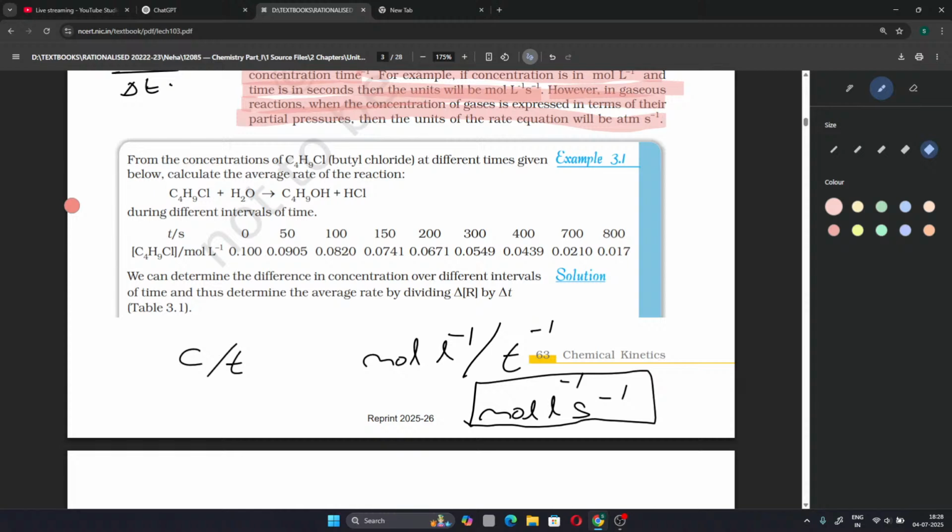At time 0 it is 0.1 mole, at 50 seconds it is 0.0905, which is around 0.095.